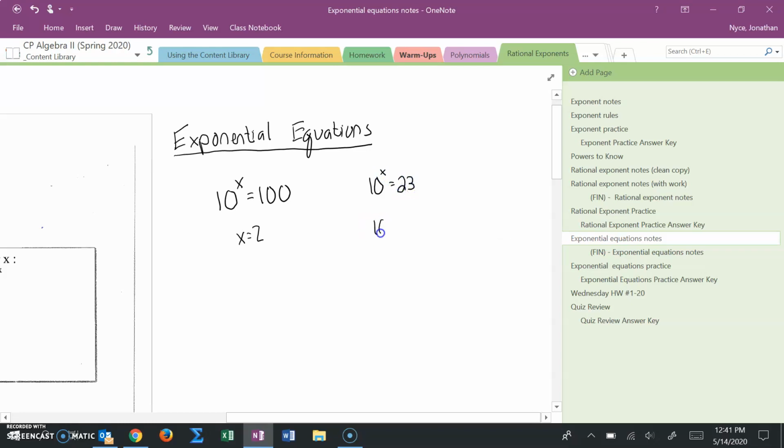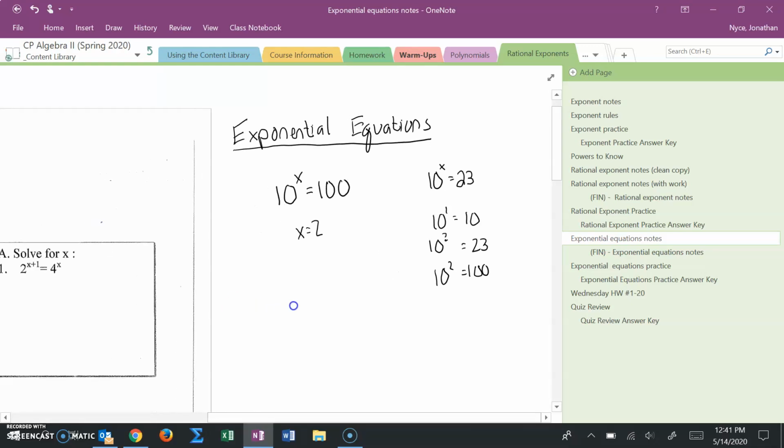So we know 10 to the first is equal to 10, and 10 to the second power is equal to 100. So to get 23, it has to be 10 to some number between 1 and 2. But that's what we're moving towards.